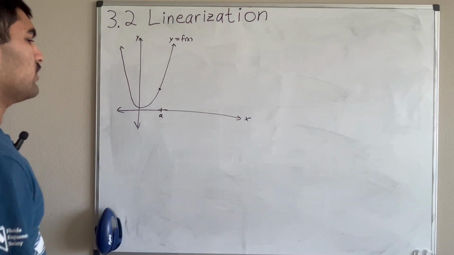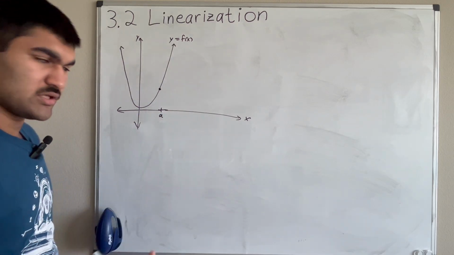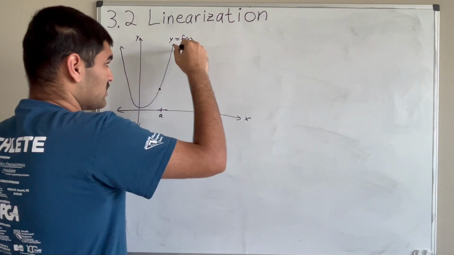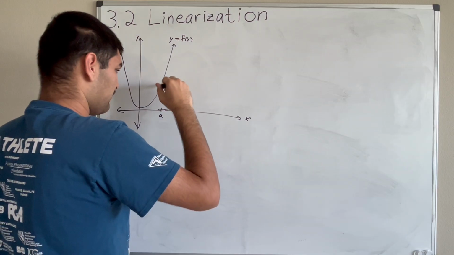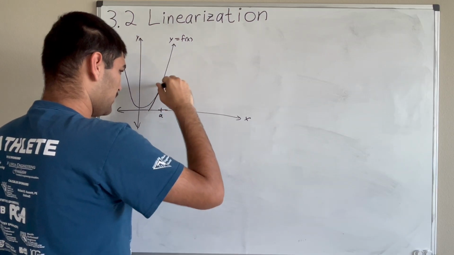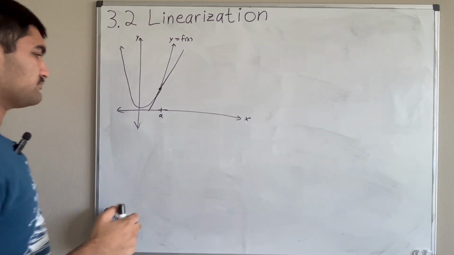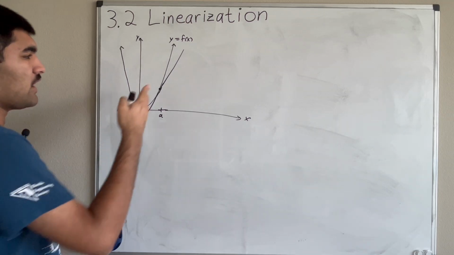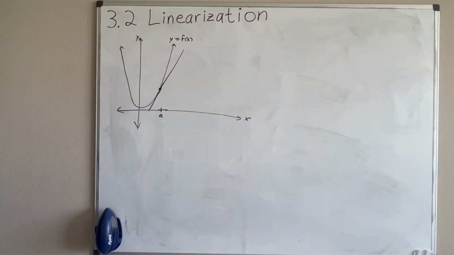So how can you do it? Well, you can approximate it using a tangent line, right? That's reasonable enough. So if we draw the tangent line to this graph at this point, we get something like that, right? And so now we want to find the equation of this tangent line.